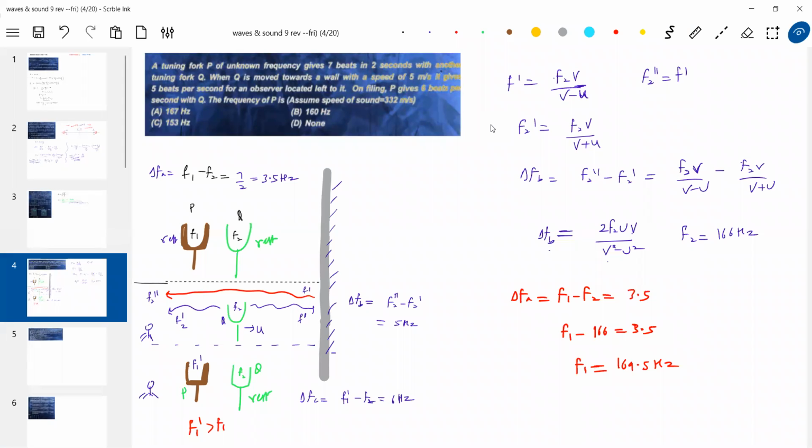How I am deciding is from the last part: when you file it, what will happen to the number of beats? If it increases, it should be F1 minus F2. If it decreases on filing, it should be F2 minus F1. Looking at the data given, I wrote it. This will be very tricky: Doppler effect and beats mix up so many things.